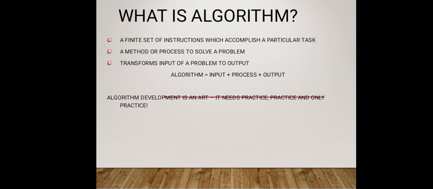It used to be BODMAS, but now it's BIDMAS, with indices. When you put in 2 plus 4 times 5, that is the input. You're putting in a problem, and the output, which is the answer, would be 22.